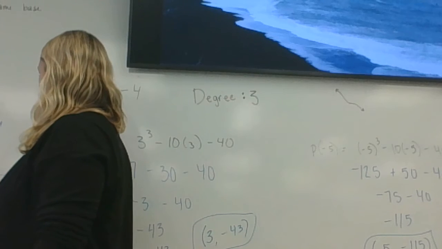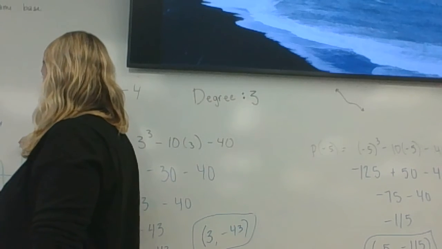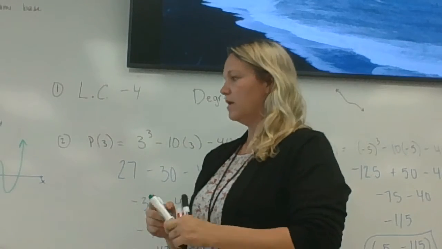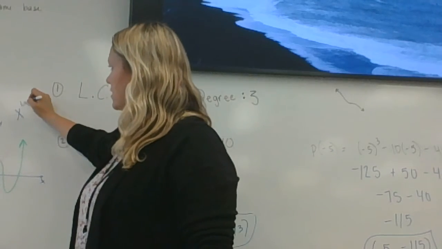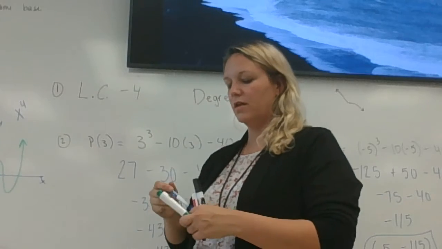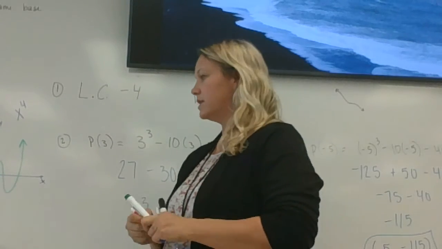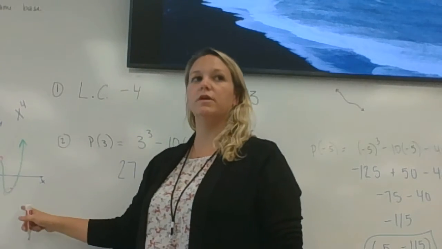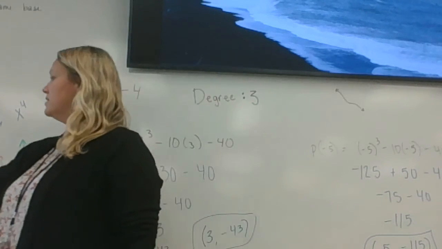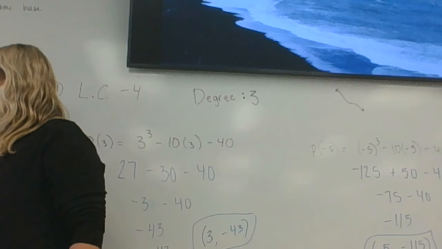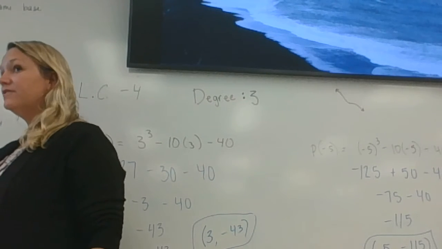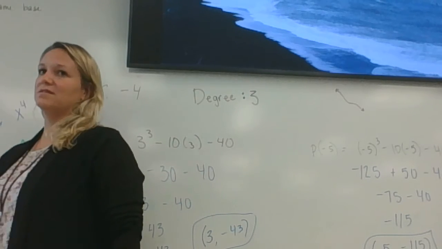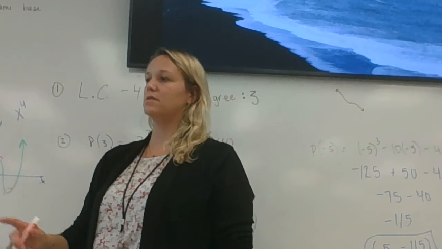Or is this x to the 4th? Yeah. So this one could be x to the 4th because it has 3 turning points. 1, 2, 3. These are the turning points it's referring to. This one has 1, 2, 3, 4, 5. So this one has to be at least x to the 6th to create that many turns.